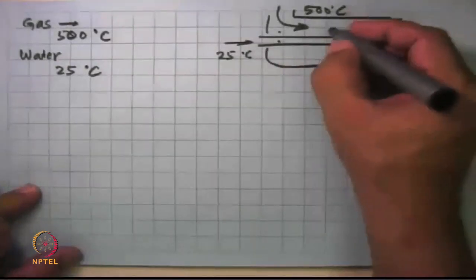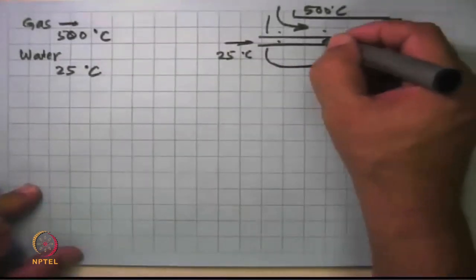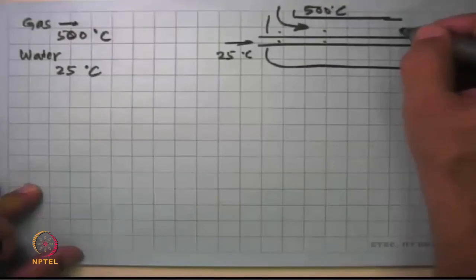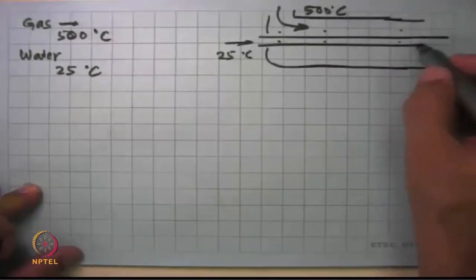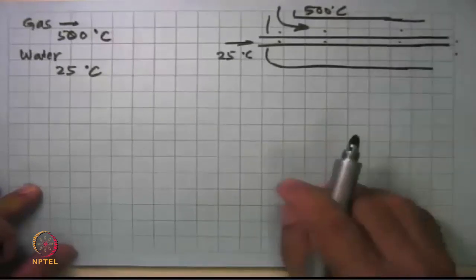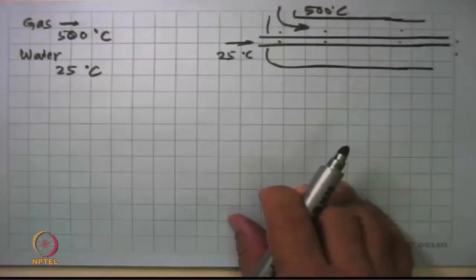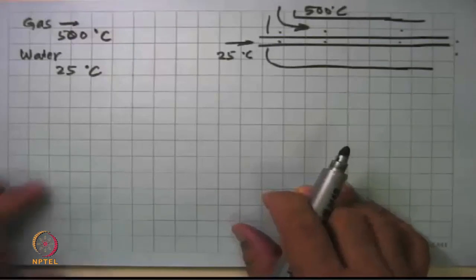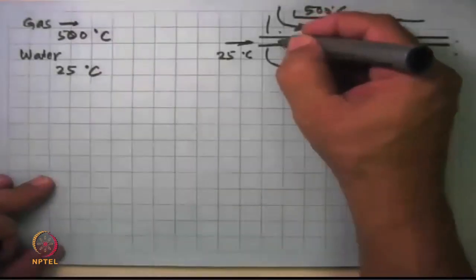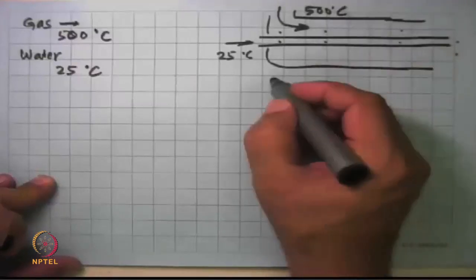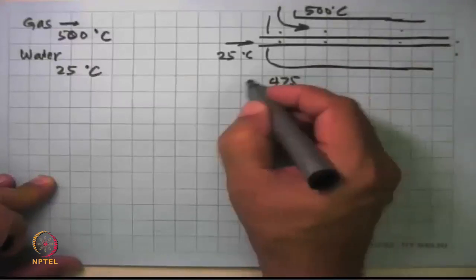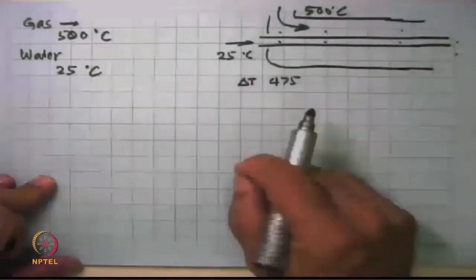As it goes further, this 500 becomes, say, 400, this becomes some other temperature. And like that it goes. And finally, if you make it infinitely long, the two will exit at the same temperature. So here the temperature difference was very large. In this case, 475 degrees Celsius was the maximum temperature difference across which heat transfer was taking place.